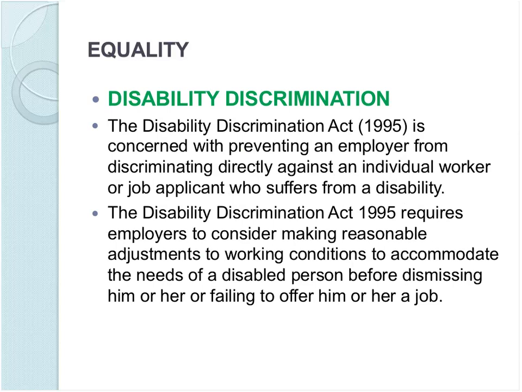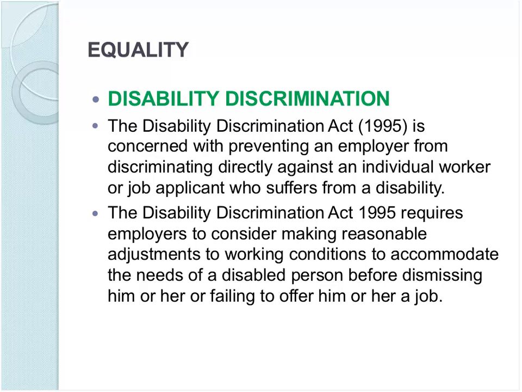The Disability Discrimination Act, which is 1995, is concerned with preventing an employer from discriminating directly against an individual worker or job applicant who suffers from a disability. So disabled people are also protected today by the acts, by the regulations.